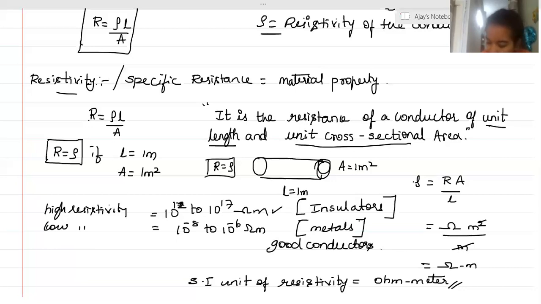All the SI units, all the formulas, all the definitions, very important.